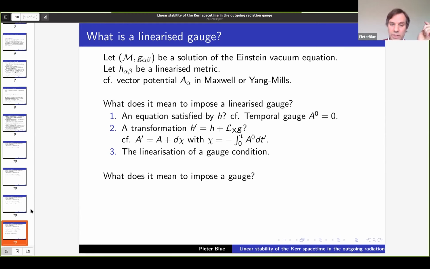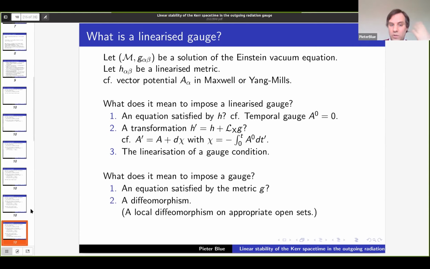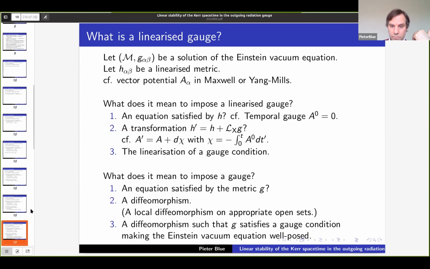So then even at the nonlinear level, you can ask what it means to impose a gauge, and you can have the same three things again. You could have an equation that you want the metric to satisfy. You could ask that there really is a family of diffeomorphisms, so that if someone else gives you a metric that isn't in your gauge, you have a way of transforming it into your gauge. And you might further want that once you've gotten it into your gauge, the Einstein equation is actually well posed in that gauge.